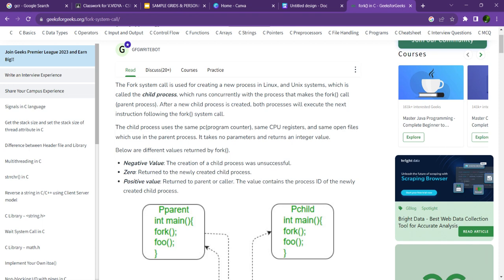Now, the process created by the fork system call is called the child process, which concurrently runs with the process that makes the fork call, the parent process.